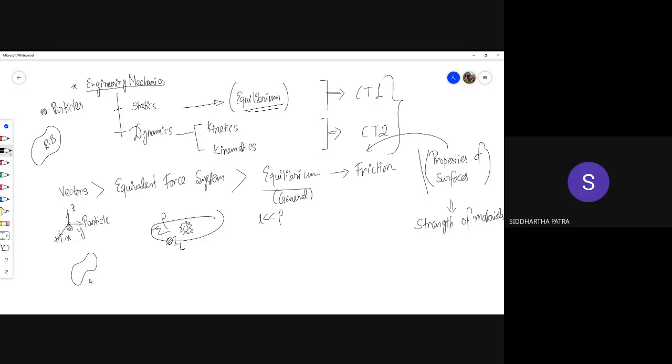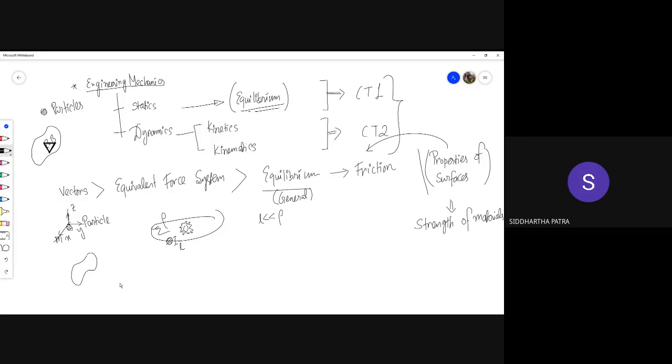Okay, but if it is not sufficient to describe the motion of an object only through translation, if you need to mention the rotations, and also the dimension of the object is much larger, so that you cannot simply neglect dimension, then you can go with the rigid body model.